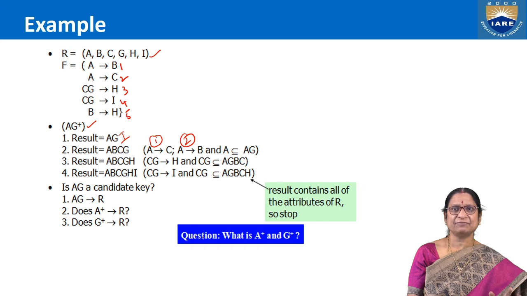That is, the left hand side part of the FDs is contained in my already attribute closure. That is result. A contained in result.